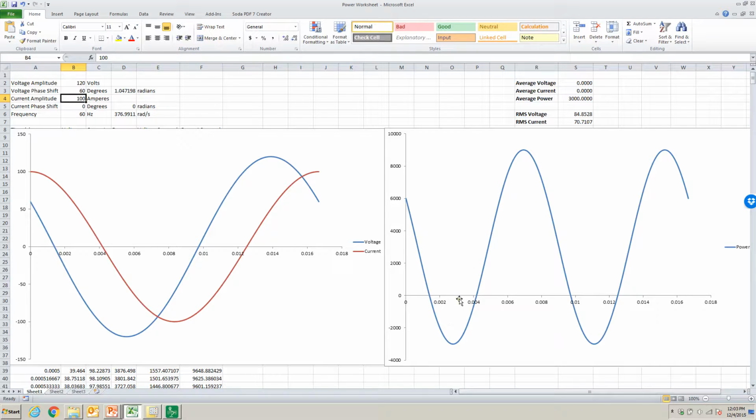And we see that when the instantaneous power drops below 0, this is the instant in time where energy is being stored within the system. And above 0 is the period of time where energy is being dissipated or released by the circuit.